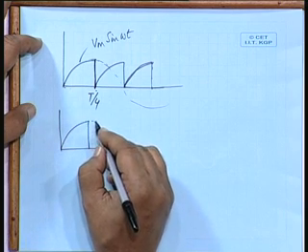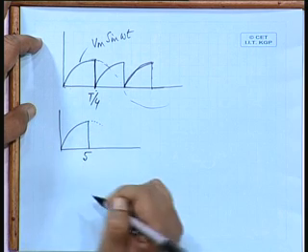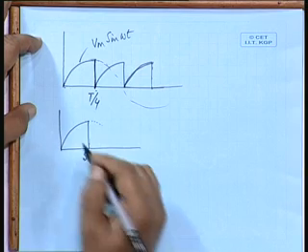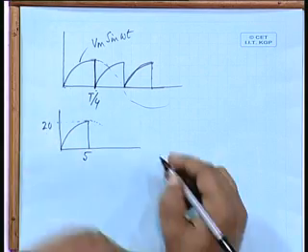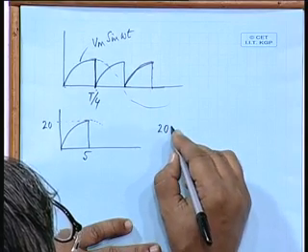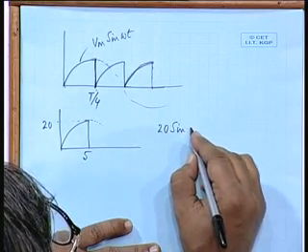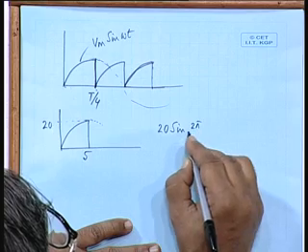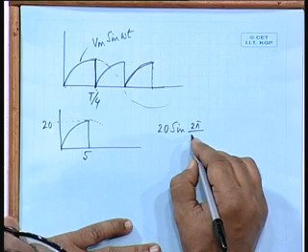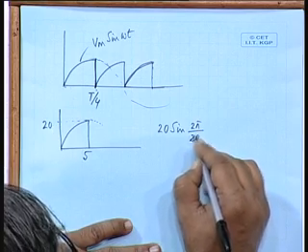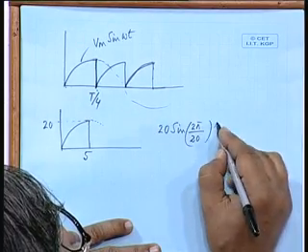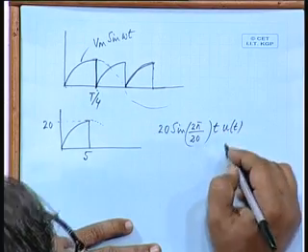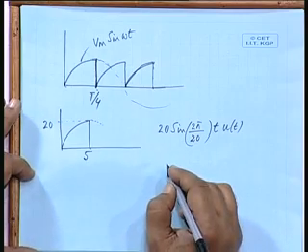Suppose the original period is, suppose this is 5 seconds, this is 20, then it is 20 sine 2 pi by 20, because 4 times 5 will be the time period, into t into u(t). This is the first part, but then at 5, that is at t equal to 5, what do I add?